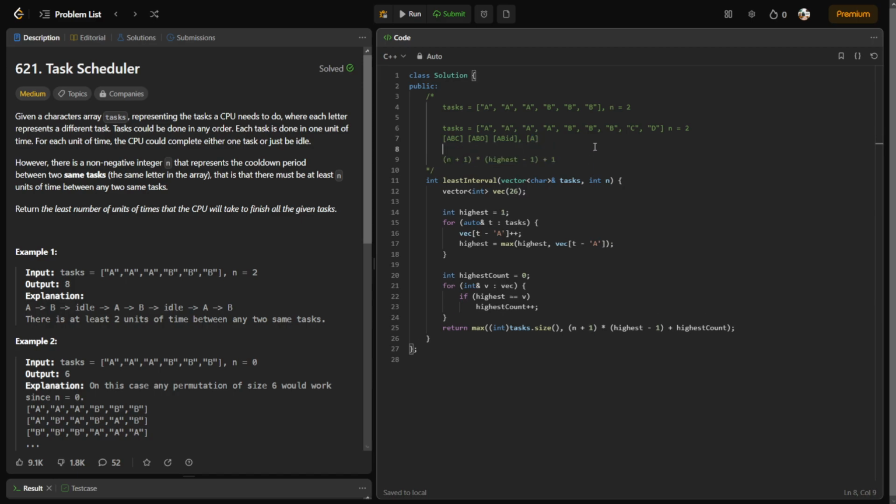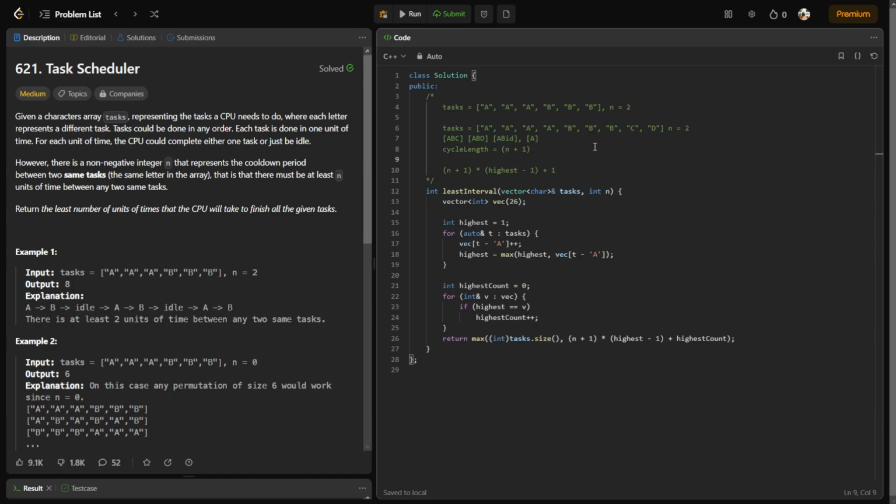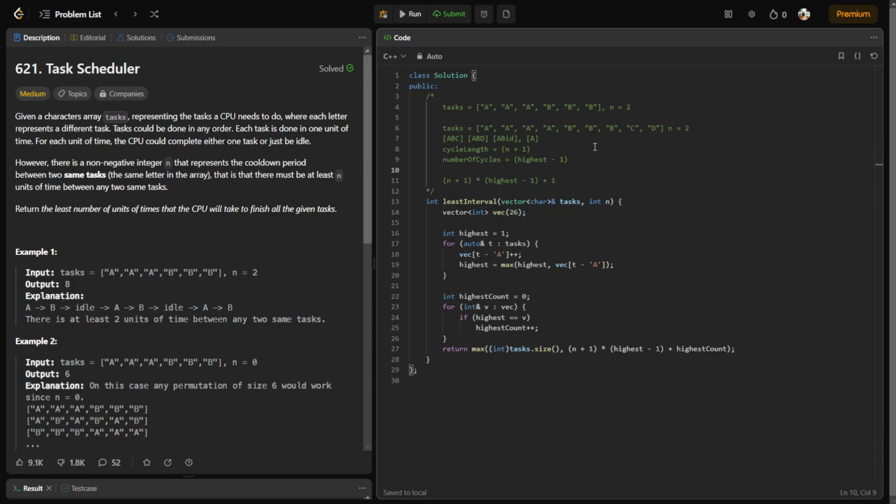So remember the formula is n plus 1, which is the cycle. Then the number of cycles equals the highest minus 1. And then of course we will have the extras, right?